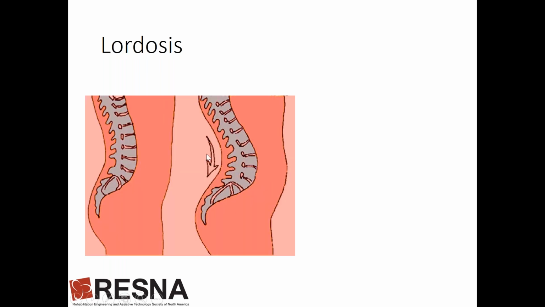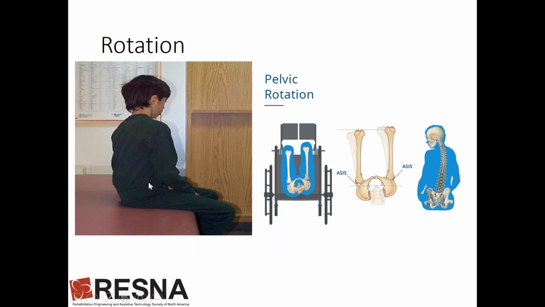Another picture of lordosis. And then this is a picture of a kiddo sitting in rotation. So the sequence is, have them sit to their position, and then I see if I can line up the pelvis. If you look downward, his right side is pretty far forward compared to his left.